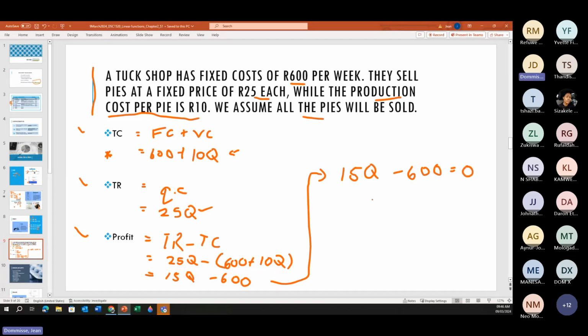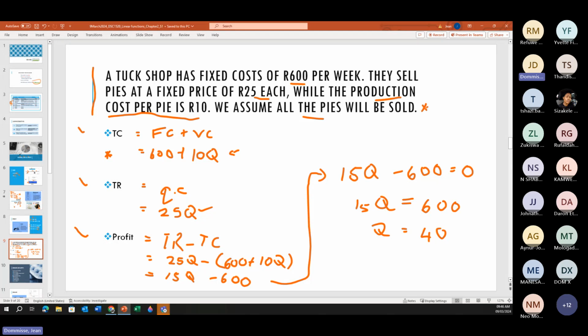So if all the pies are sold, how many pies would have been sold? Okay, we got 40. So all the pies sold. Then if you look at how to calculate that, we've got the total profit function. We then equal it to 0.